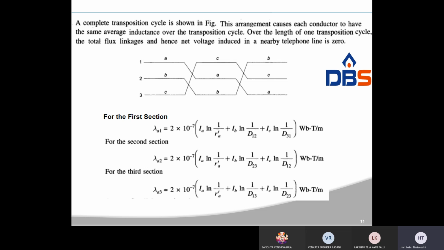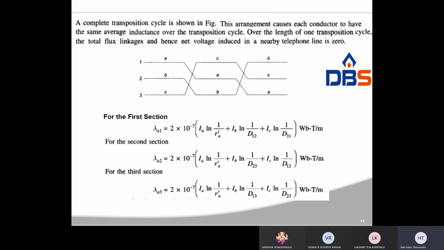Now coming to the second section, here the top is C, but I am taking A as reference. You have to write the flux linkage equations according to A. At the second section, A is the second conductor. That's why 2 into 10 power minus 7, IA ln 1 by RA dash, IB ln 1 by D23, since the A position is second, and next IC ln 1 by D21 or D12, whatever it may be.